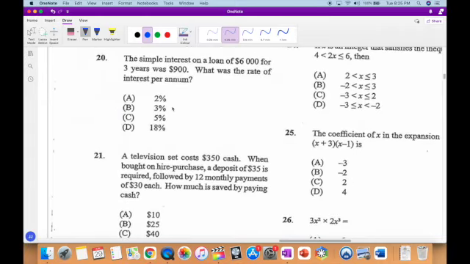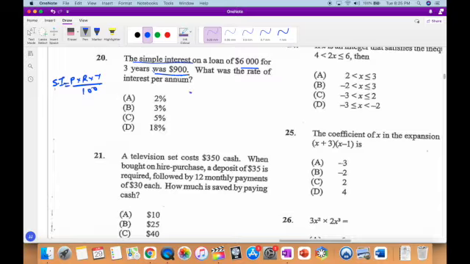The simple interest, well, I know that simple interest, and I'll just write it one time, is principal by rate by time over 100, right? So the simple interest on a loan of $6,000 for 3 years was $900.